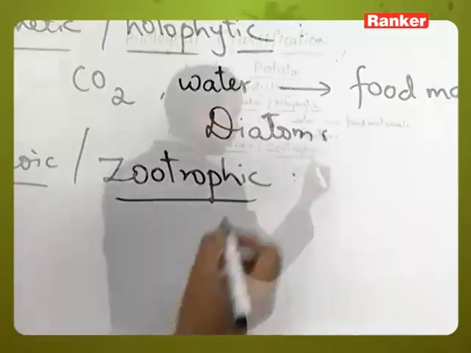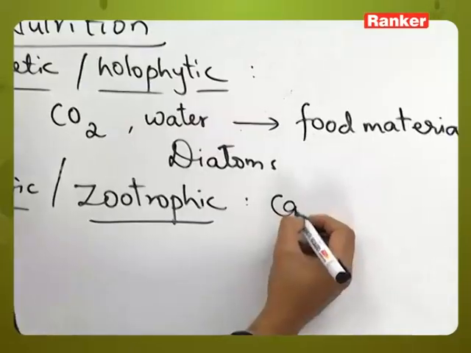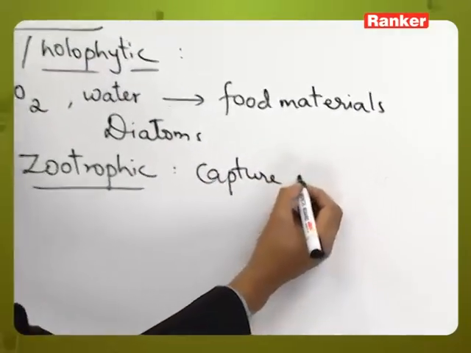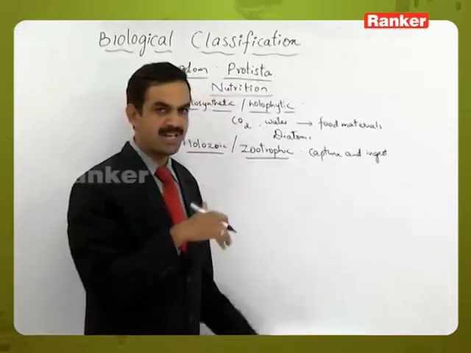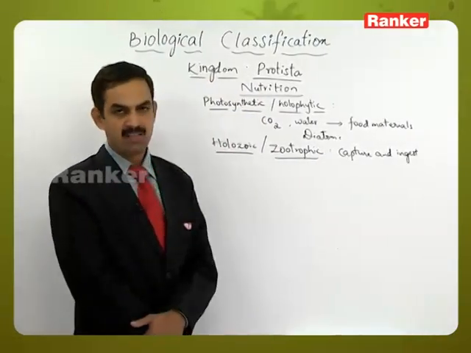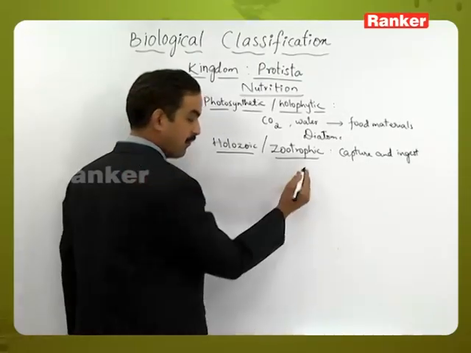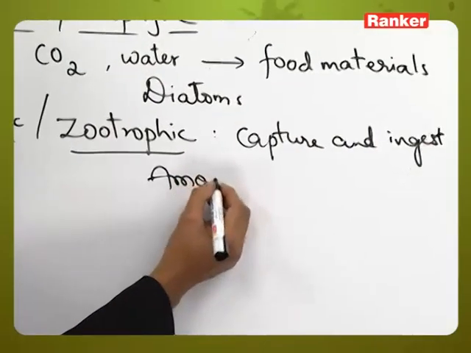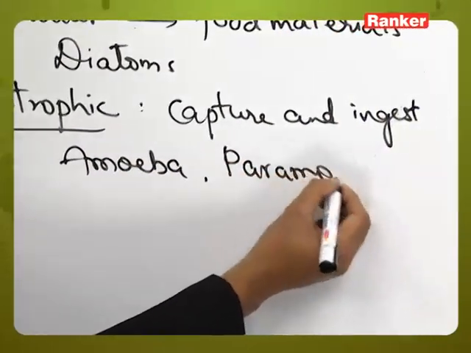In this, the organism will capture the food and ingest it, that is, swallow the food materials, and whenever it has been swallowed, it will get digested inside the body. This type of nutrition can be seen in amoeba and paramecium.